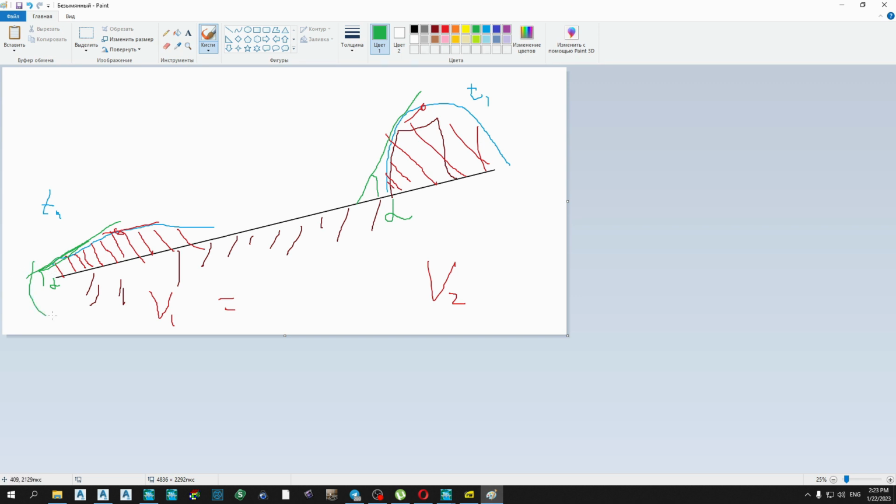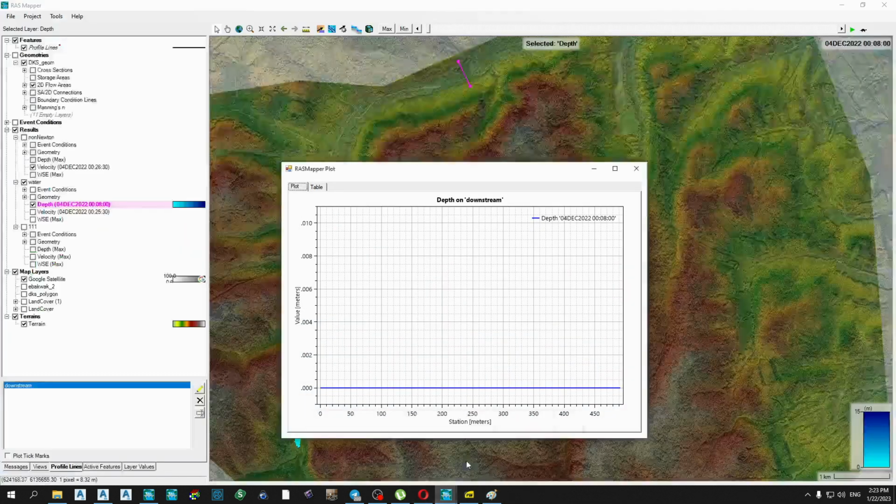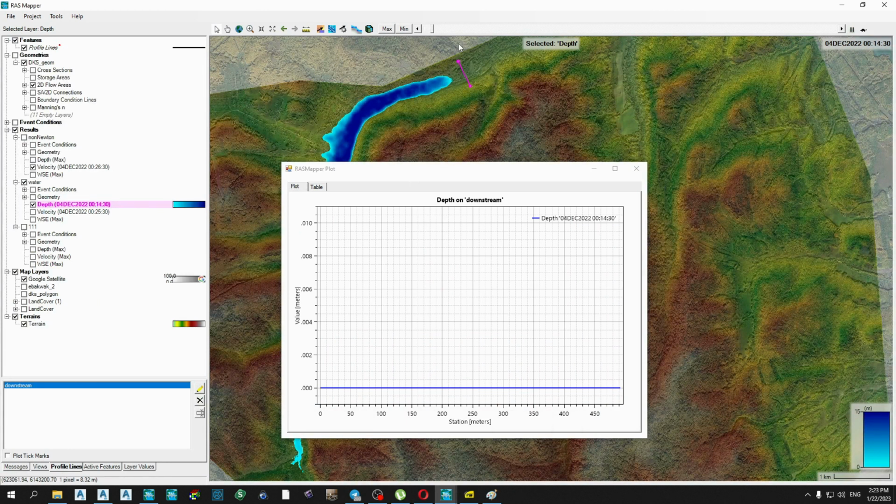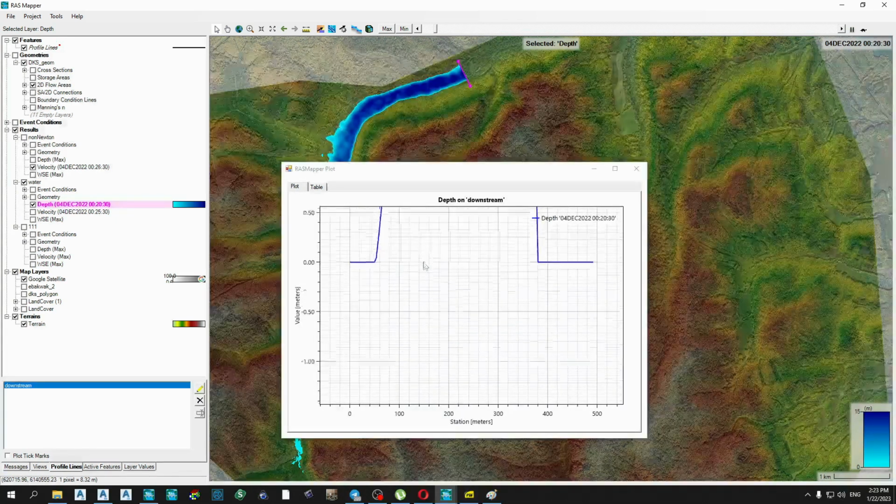We can see that alpha 2 is more similar to the riverbed slope. But the water slope near the dam is so steep. So steep. Let's look at the time step plot of the downstream cross section.